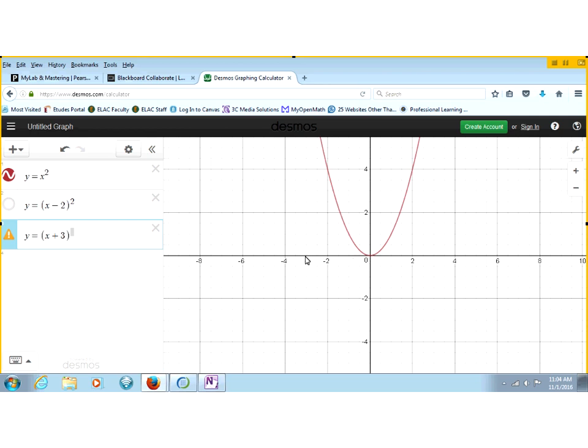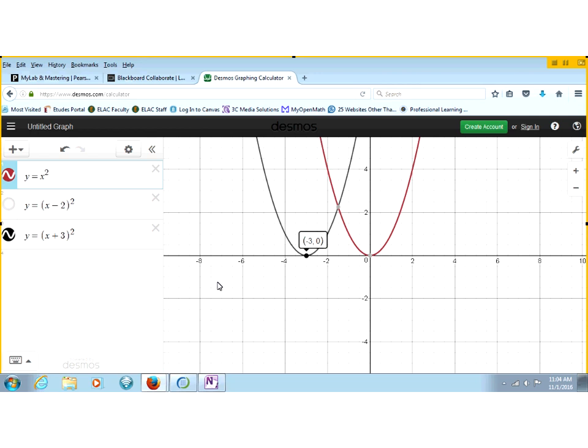Negative 3, 0. So now it's right here. Let's see. x plus 3 squared. Did you see it? So the vertex is negative 3, comma 0.